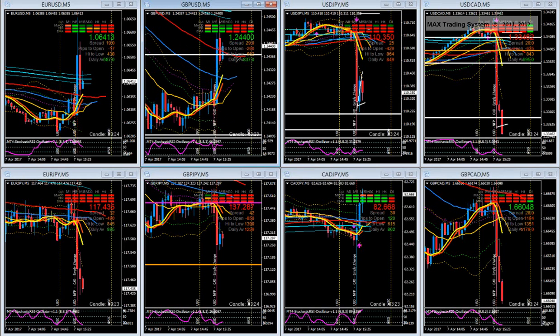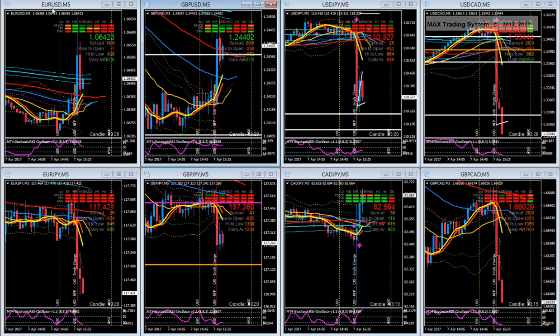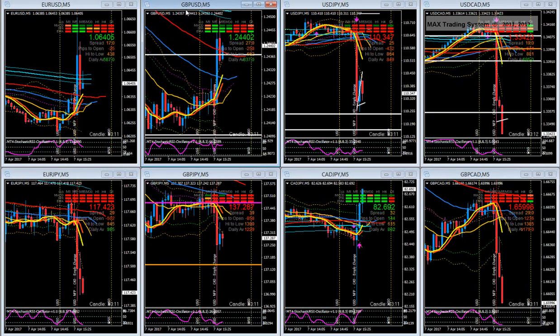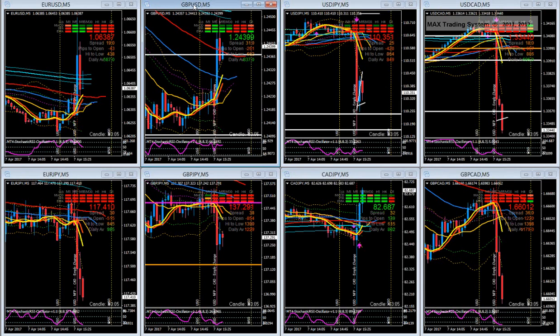But I will not consider the pound US dollar because for me the movement will be rather limited simply by the fact that on both currencies the numbers were bad. So bad on the pound, bad on the US dollar. Worse on the US dollar, so we may have some potential in the movement, but for me limited.